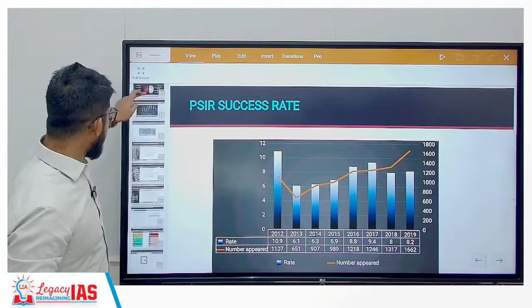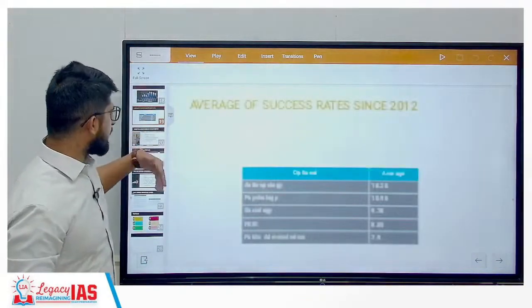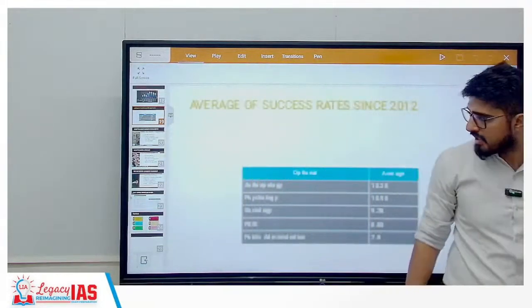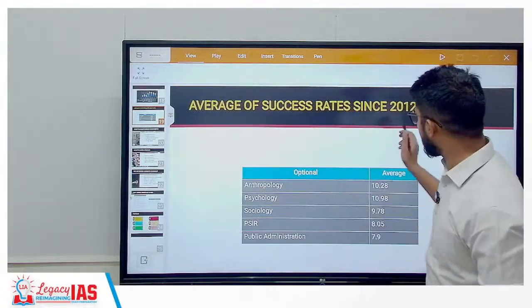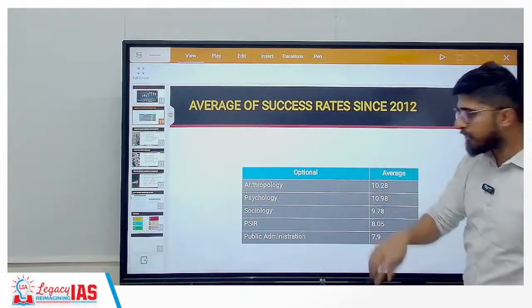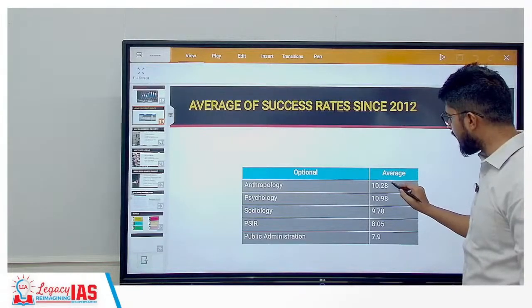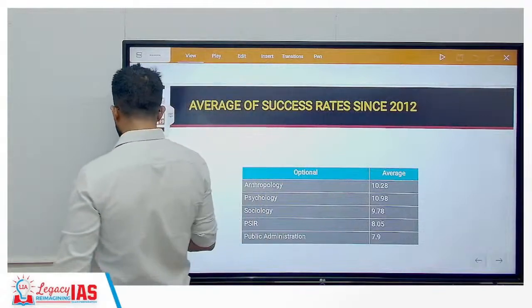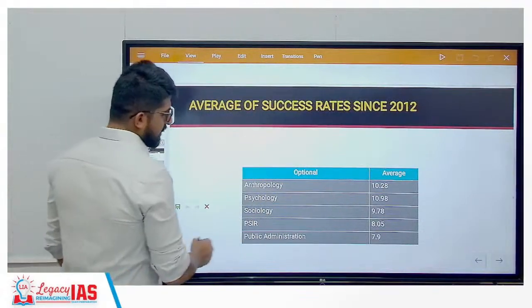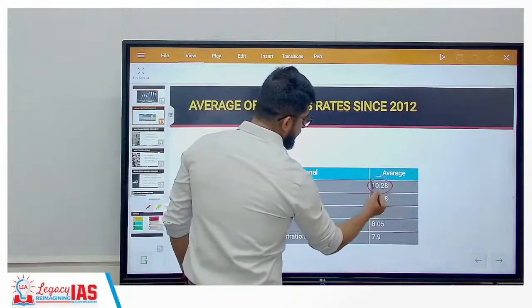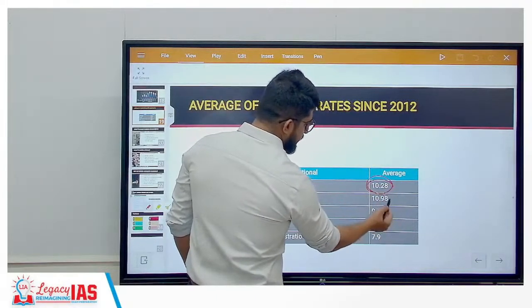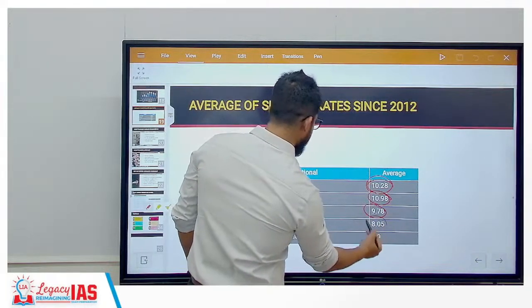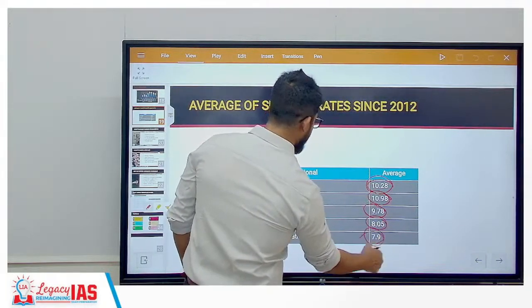Now the next one. When we look at the average success rate of these optionals since 2012, if you take the average for all the years put together, anthropology is 10.28, psychology 10.98, sociology 9.78, PSIR 8.05, and public administration 7.9.